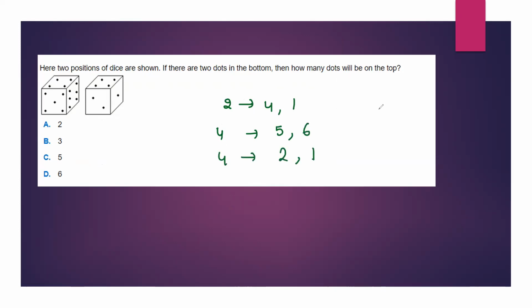So definitely 4 will be adjacent to 3, right? So opposite of 2, what can come? Definitely 4 cannot come, 1 cannot come. So if you see 4 adjacent, 5 and 6 are coming.